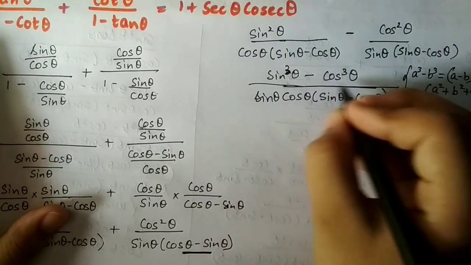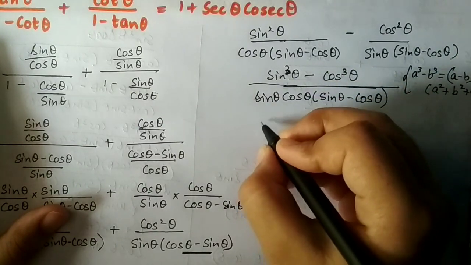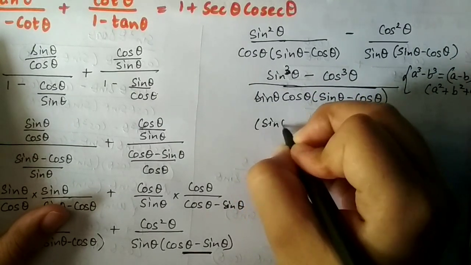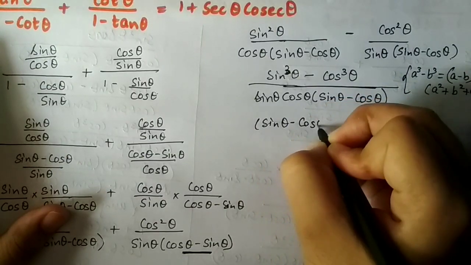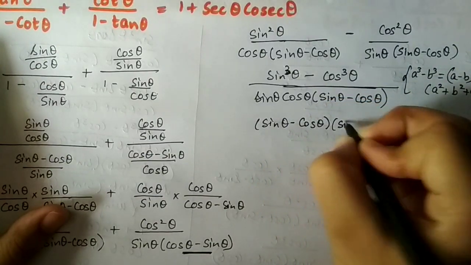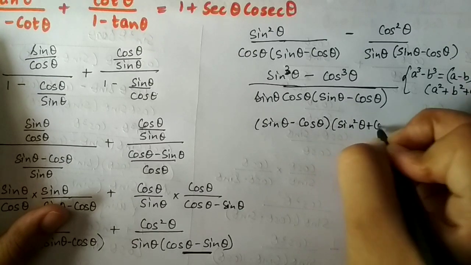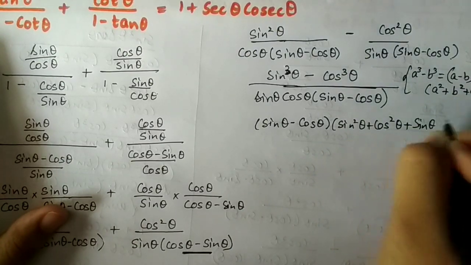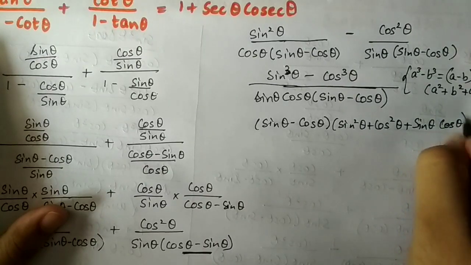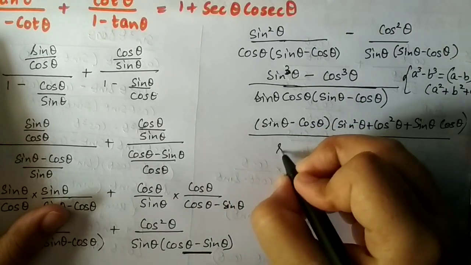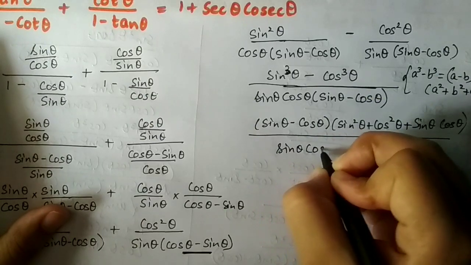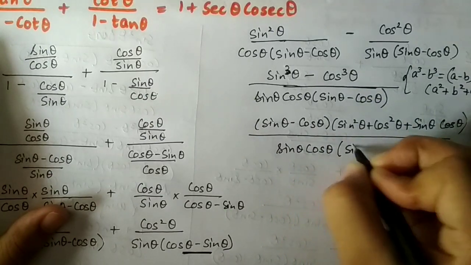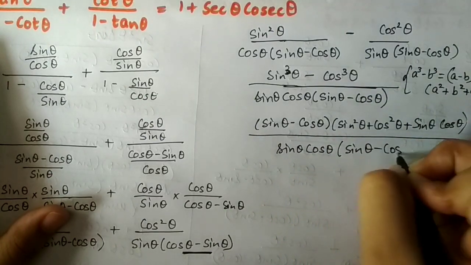So use this identity here. You get sin cube minus cos cube written as sin theta minus cos theta into sin square theta plus cos square theta plus sin theta into cos theta, and in denominator you have sin theta into cos theta multiplied by sin theta minus cos theta.